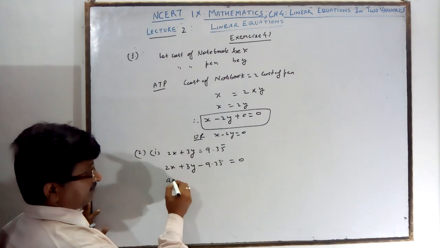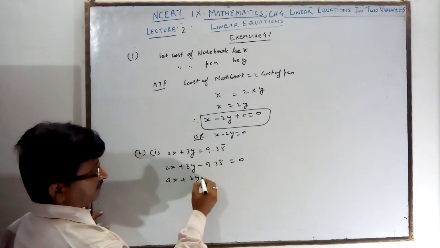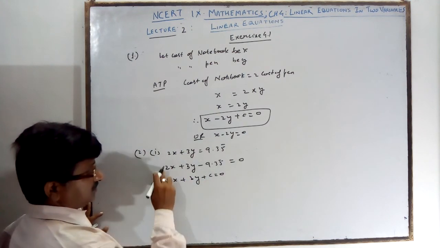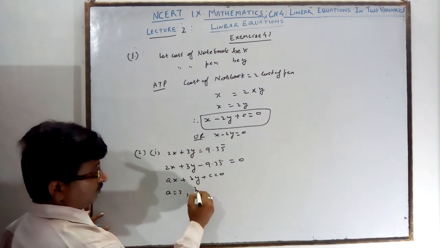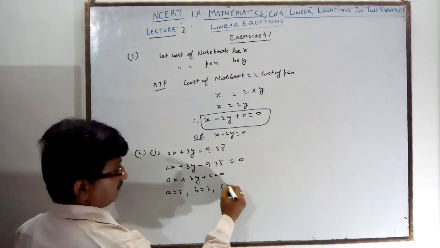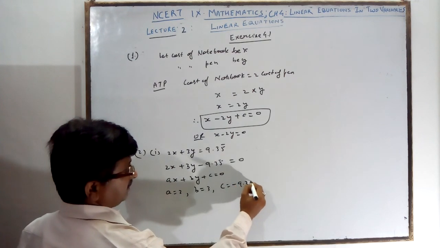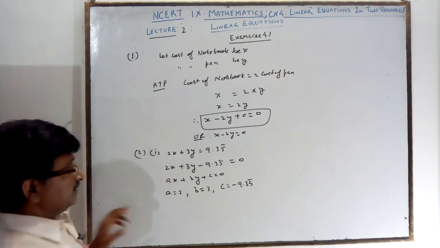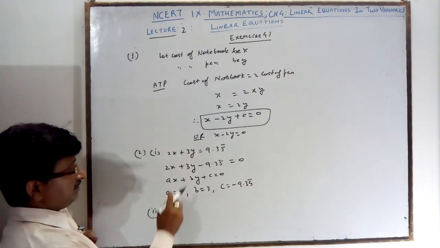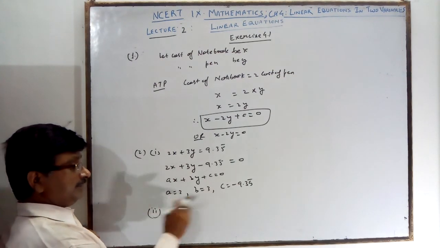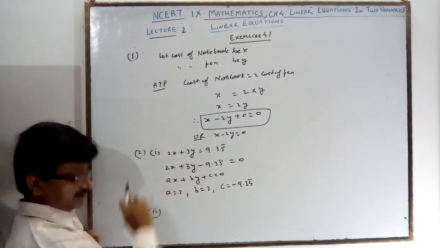Because the standard equation is ax plus by plus c is equal to 0. Compare the coefficients. What is a? 2. What is b? 3. What is c? Minus 9.35 bar. So like this you will solve the question. Your answer will be first the standard form, then a, b, c. For these two you will get the marks.